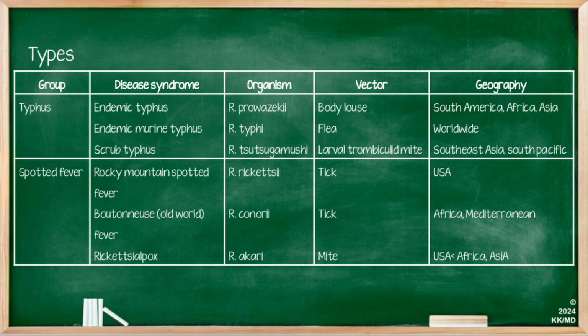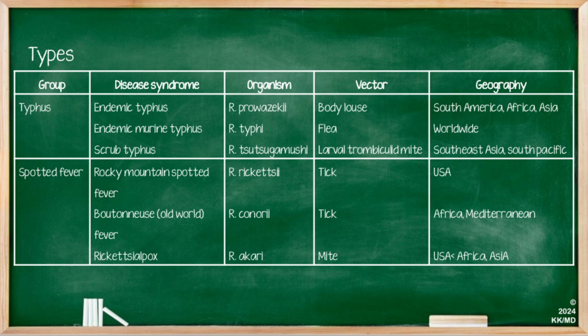Let's start with typhus first. So this is epidemic typhus, and the causative organism is Rickettsia prowazekii. The vector is the body louse, and in terms of its distribution, it is commonly found in South America, Africa, and Asia. The second type that comes under the typhus group is endemic murine typhus, where the causative organism is Rickettsia typhi.